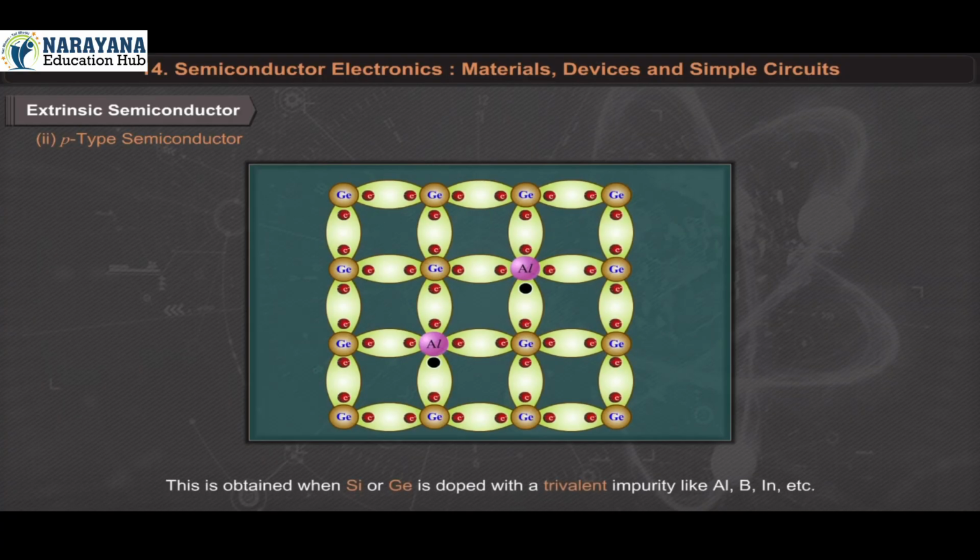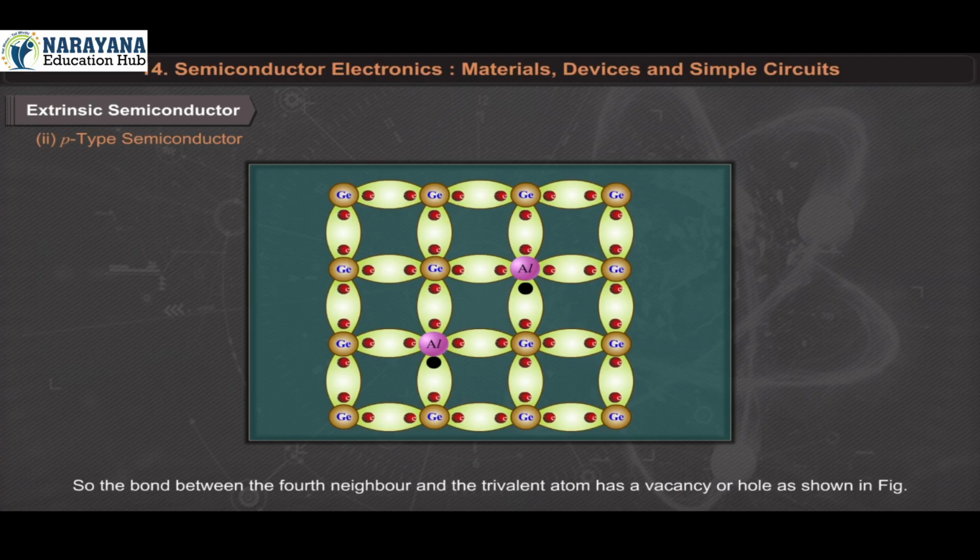Number 2, P-type semiconductor. This is obtained when silicon or germanium is doped with a trivalent impurity like aluminium, boron, indium, etc. The dopant has one valence electron less than silicon or germanium, and therefore this atom can form covalent bonds with 3 neighboring silicon atoms but does not have any electron to offer to the 4th silicon atom.